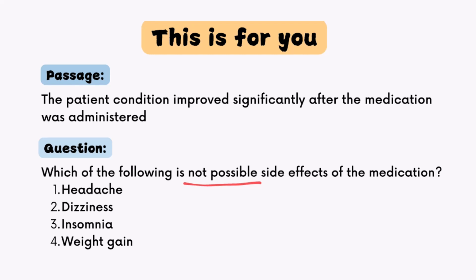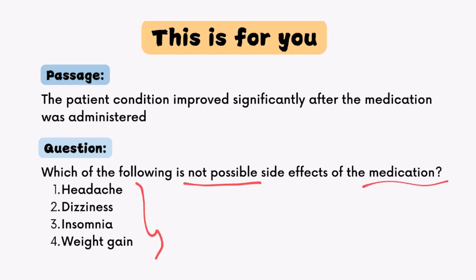So, four options they have given: headache, dizziness, insomnia, and weight gain. Once again, read the question carefully. Your focus should be finding the right answer for the appropriate question, right? So, what's your question? Which of the following is not a possible side effect of medication? Below are mentioned four symptoms. One of the symptoms is not suitable as a side effect of medication. What would it be? All right, headache.